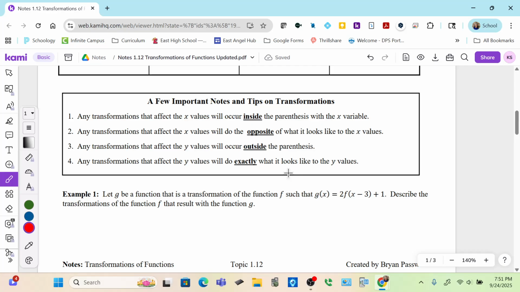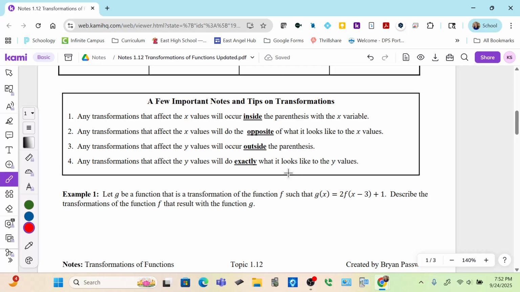So the dilation will double. The translation will move up or down according to the sign, where with the x, the changes to x, if it's x plus 5, you're going to go left. If it's x minus 5, you're going to go right. If it's 3x, then we use the reciprocal of 3 as the dilation factor, so it's 1/3, and so on.